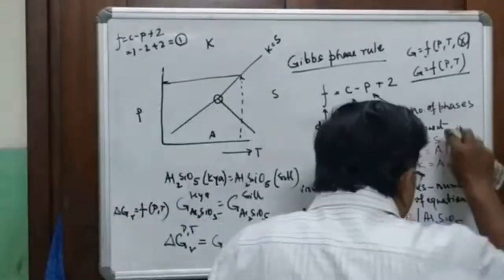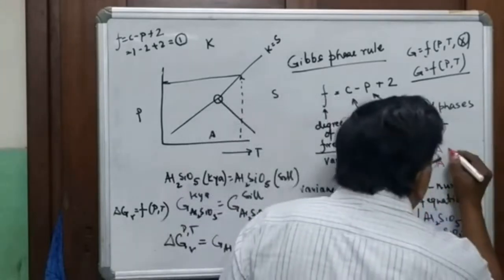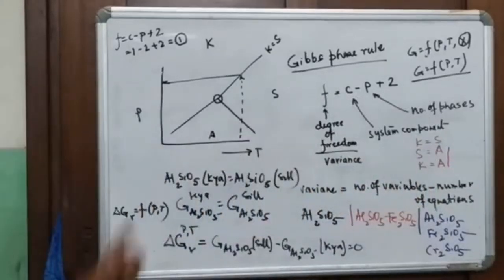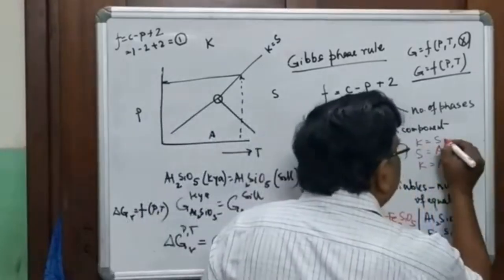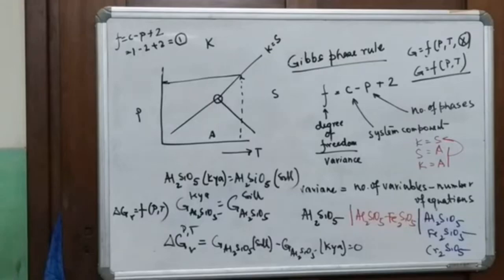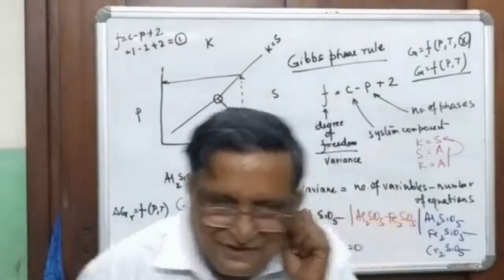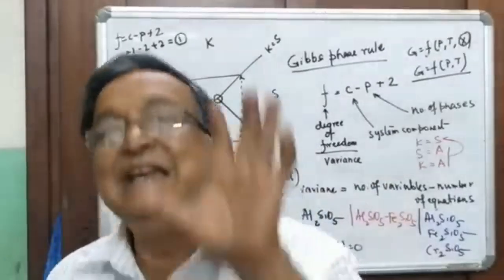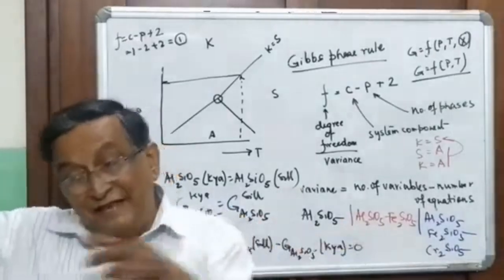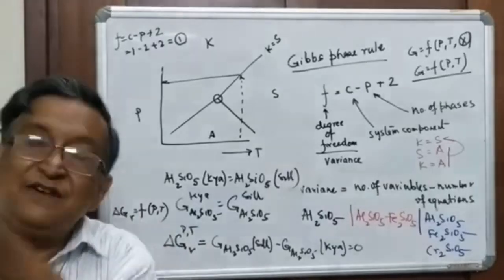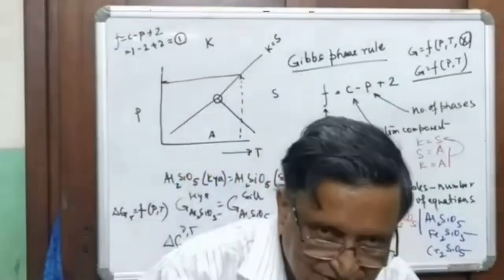So although you see 3 reactions, 2 reactions are independent, and one reaction is an algebraic addition of the other 2 independent reactions.